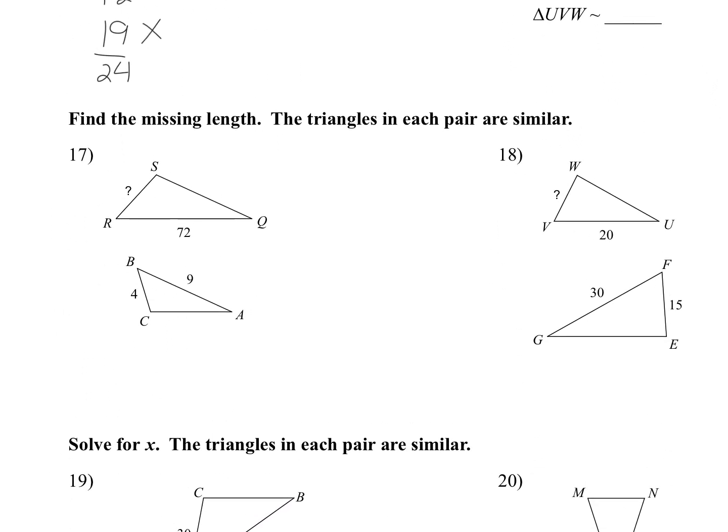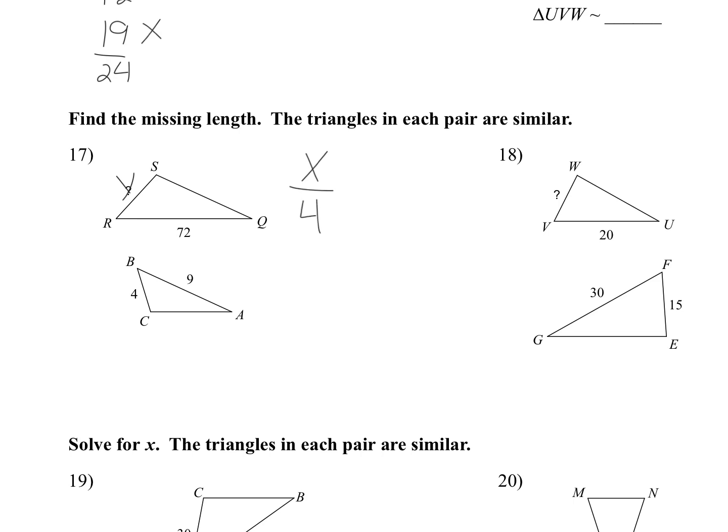Move down to 17 and 18. It wants us to find the missing length. Whenever it says find the missing length or find x, what are we going to set up? Ratio. Proportion, right? Think of this as x. So if I start with x, what side does x match? 4. Yep.